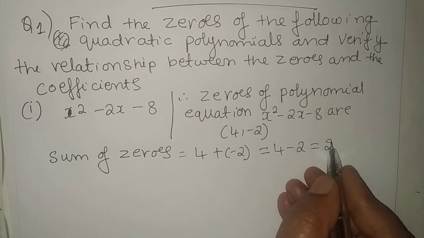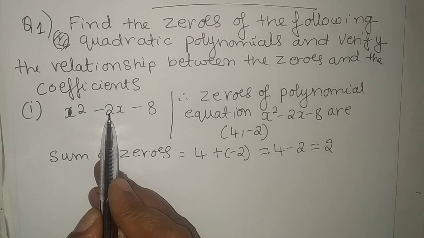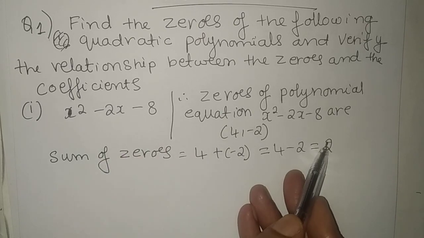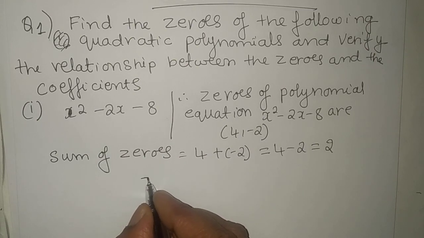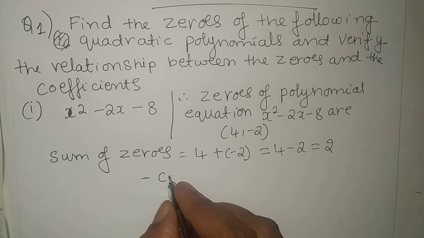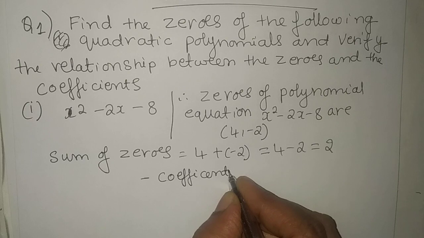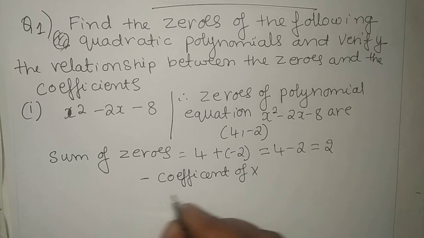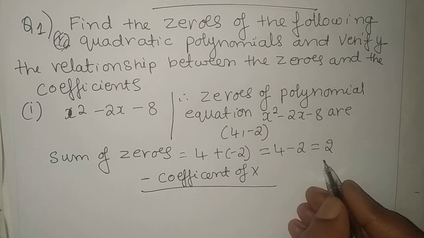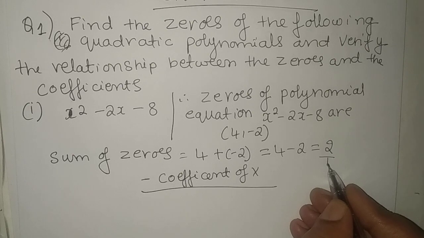So this 2 can be written in this form. Where is it present here? That is the coefficient of x. Since plus 2 is there, minus 2 is there, take the minus first, then this is the coefficient of x. So write down minus coefficient of x, then if nothing is there, we can write it as 1.